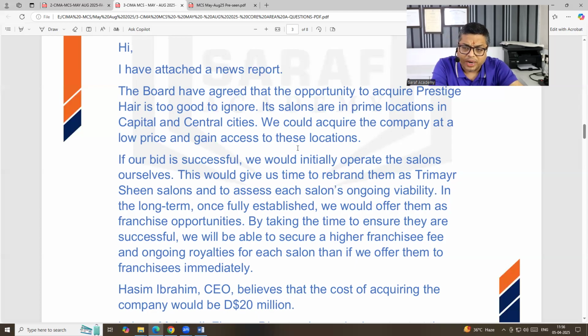$1 should become 1.15 after 1 year. $1 is the present value; 1.15 is the future value. $1 today should become 1.15 after 1 year. If it is 1.15 one year later, today it is $1.